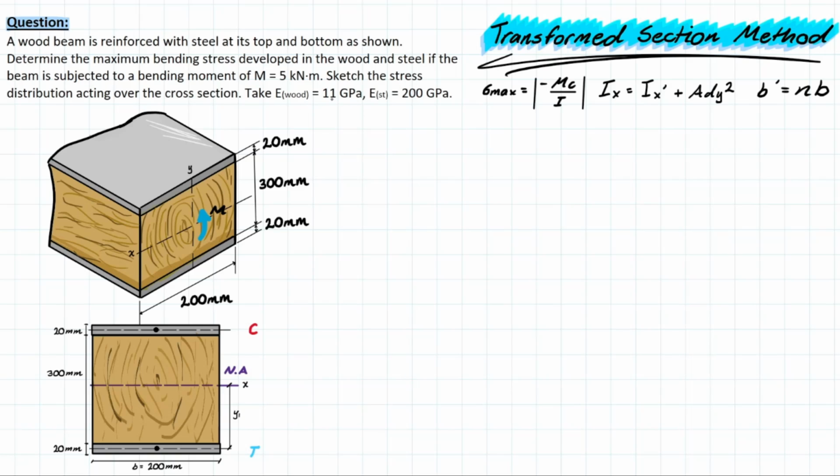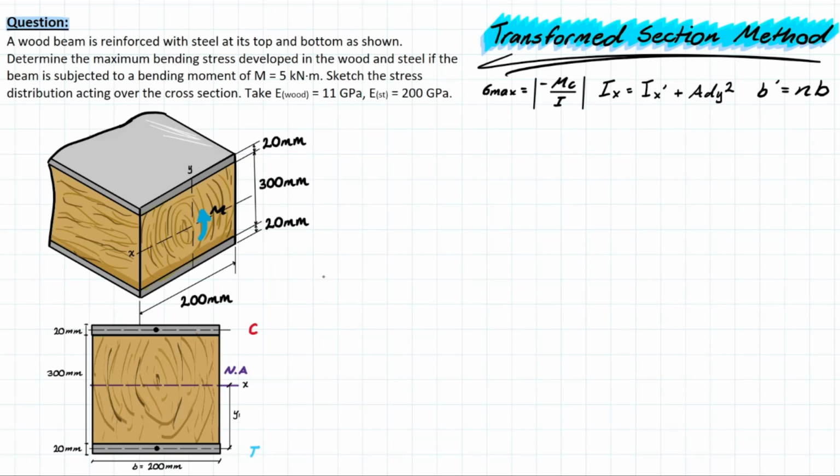Now, let's explain where we need to start with this problem by talking about the fundamentals from before. Previously, we have discussed the flexure formula, which finds the stress that's going to develop at any point with respect to the neutral axis based on the internal moment developed, right? And this formula relies on the section's geometric property called the area moment of inertia.